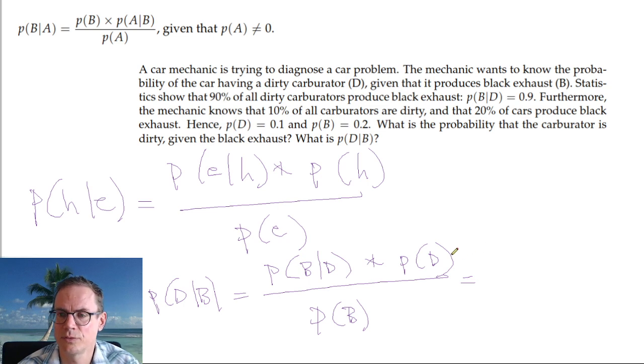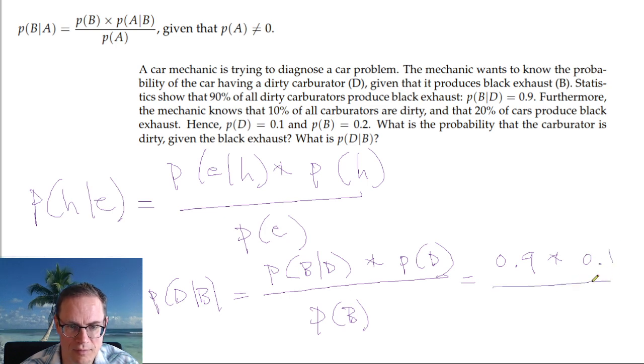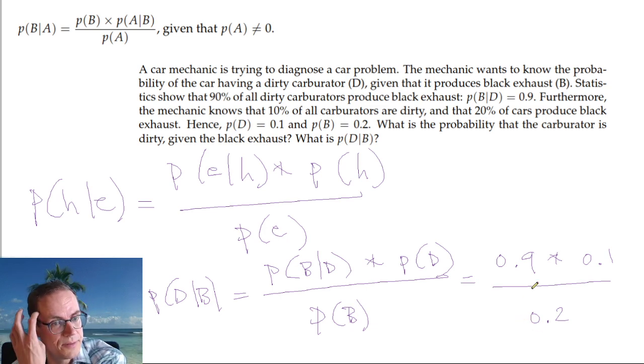And here in the story it is 0.9. Probability of D is 0.1, and we divide it by 0.2. Okay, so this is a fairly straightforward application of Bayes' theorem.